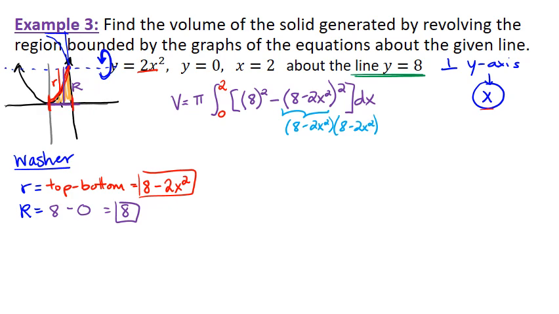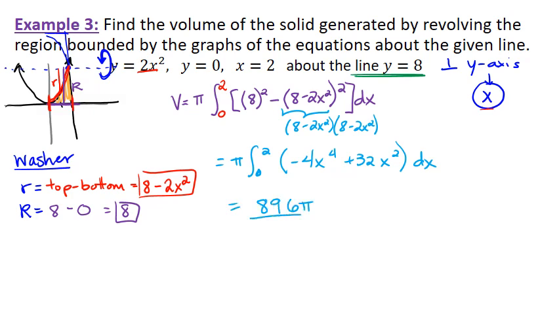FOIL that out, square this, and when you simplify this, this is 0, you should get negative 4x to the 4th plus 32x squared. If you want to pull out a GCF, you can. When all is said and done, you should get 896 pi over 15 for that volume.